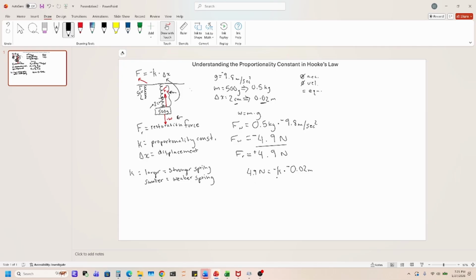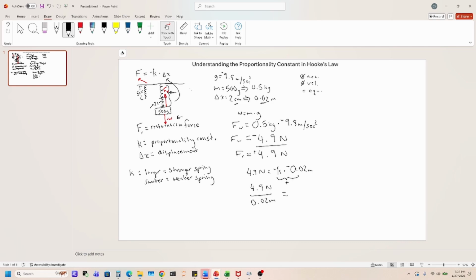So what does that do to this side? Well, negative times a negative is a positive, so that makes this whole side positive. So what we can do then is we can isolate the k. Now it's going to be a positive k, and I can divide it by 0.02 meters.